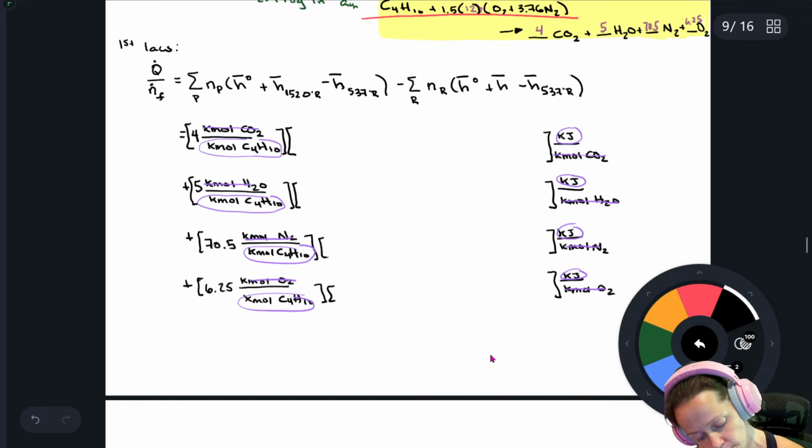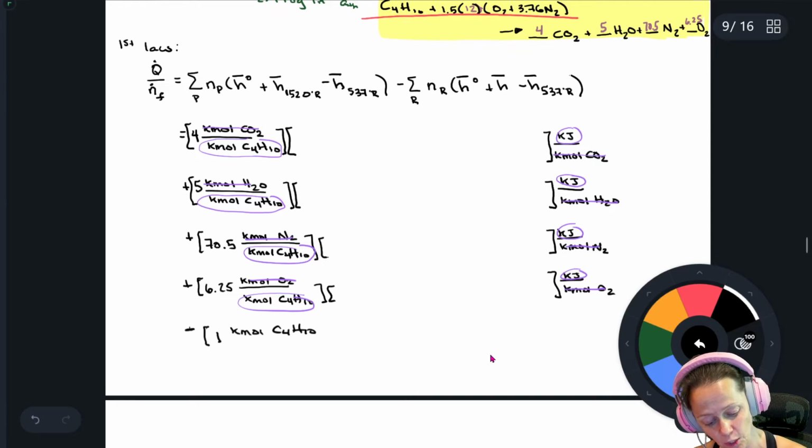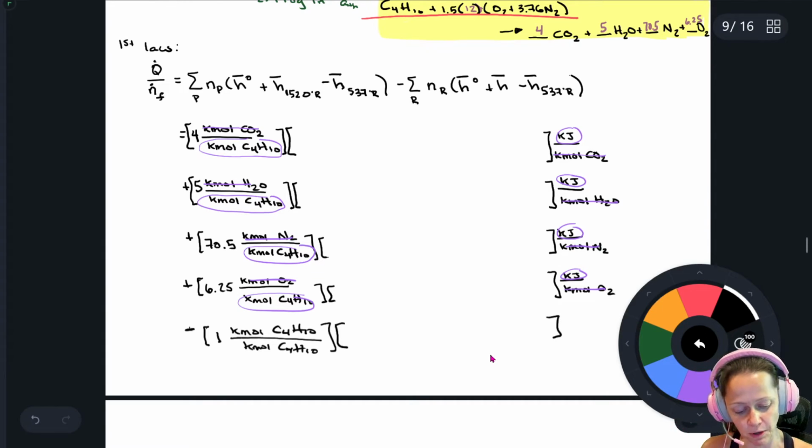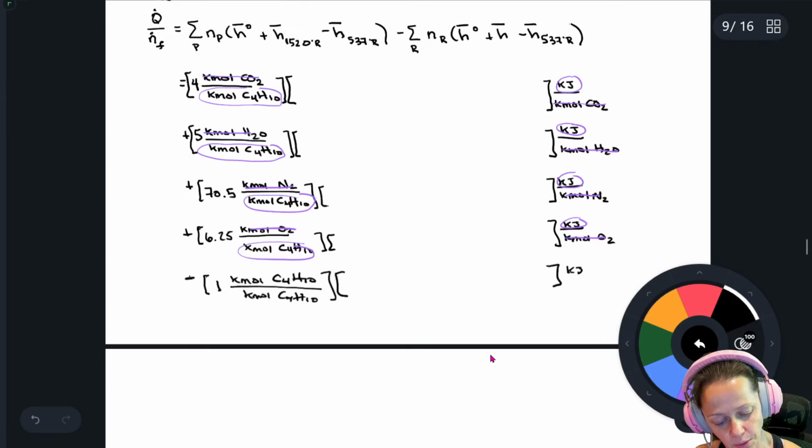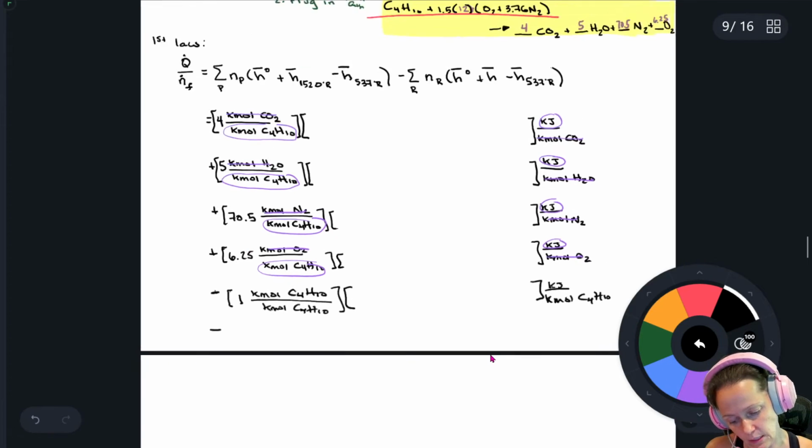So, all right, now it's all minus 1 kilomole of C4H10 per kilomole of C4H10. And then I'm going to plug in some H bar values, and that's fine. I'll deal with that in a second. All right. See about the next one.